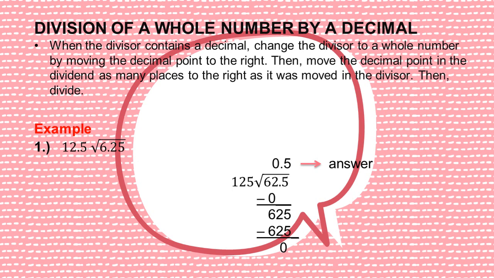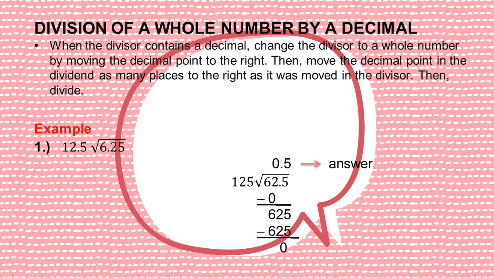Ganon din yung dividend o yung decimal na nasa loob ng division symbol, which is 6.25. So, dahil minove natin yung decimal point ng divisor ng 1 decimal place to the right, move din natin yung decimal point ng dividend 1 decimal place to the right.